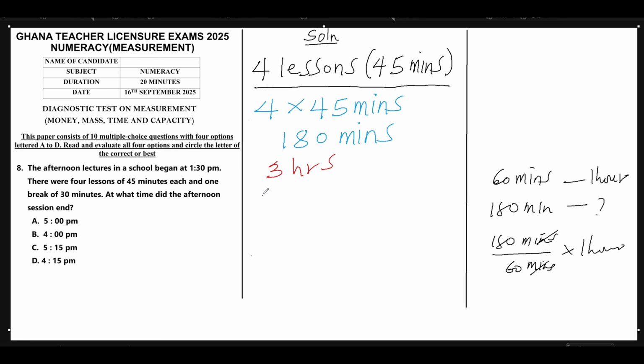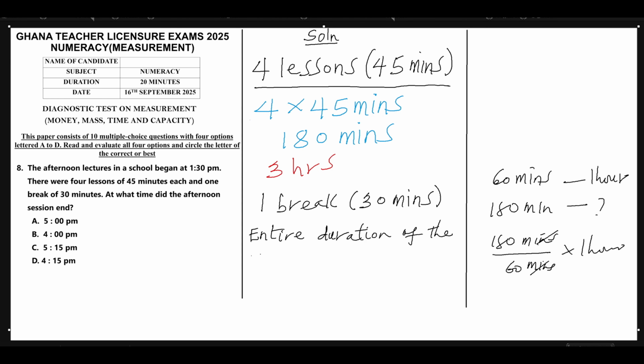So let's calculate the entire duration for the afternoon lectures.